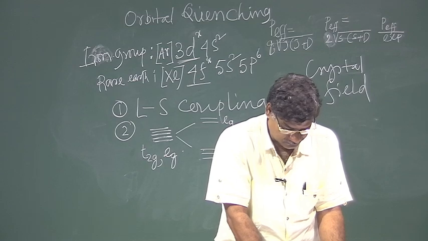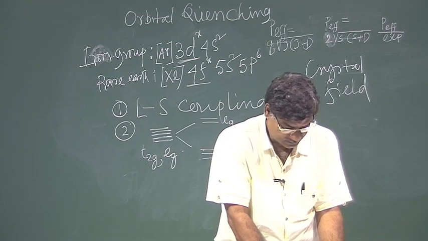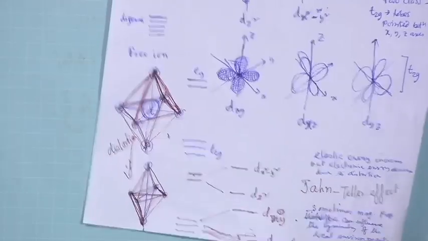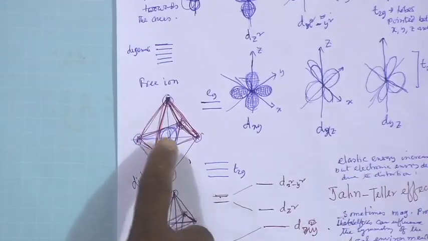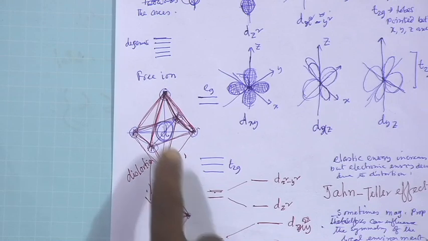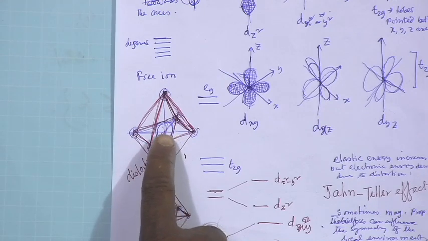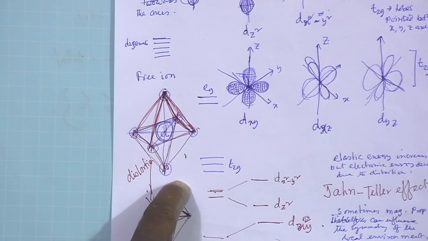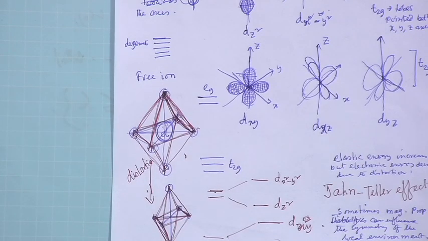So, I have drawn here the octahedral. It means this ion's D shell, say iron ion, is here, and then it is surrounded by, say, oxygen. So they say Fe2O3 or Fe3O4. Okay.